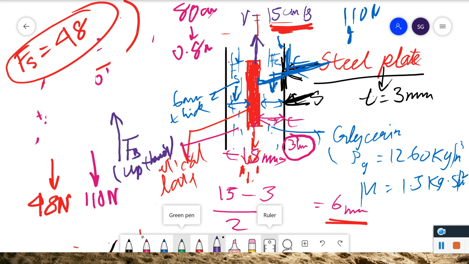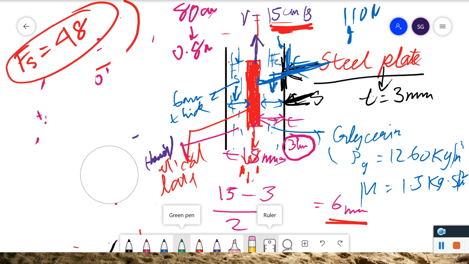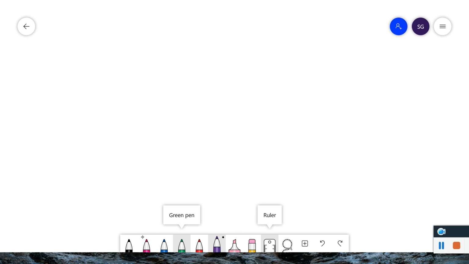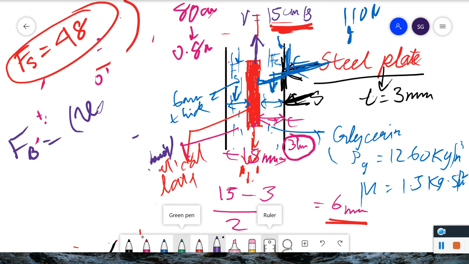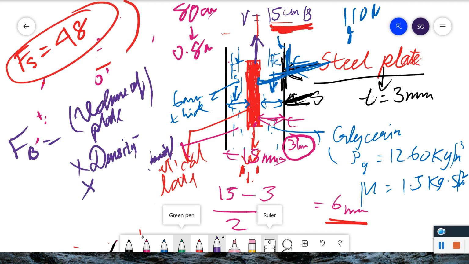Fb is the upthrust. And how to calculate this upthrust? It is just based on the principle of buoyancy. So we have to now calculate upthrust. So Fb, this is buoyancy, is volume of the plate into density. This will give a mass, and I told you to always calculate volume.